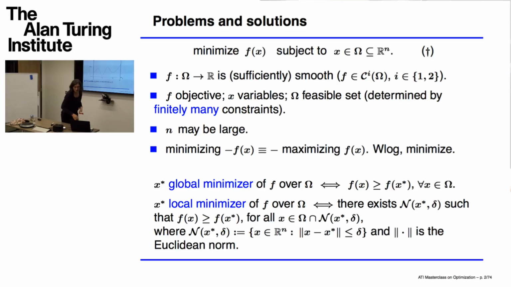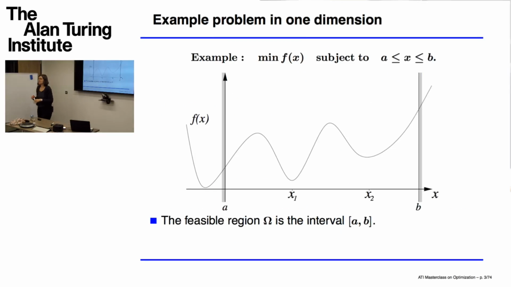Before I give you a complicated definition, let me give you a 1D example. So here I have a wiggly function, and the question is, what kind of minimizers does this function have in an interval AB? If I look at it, I see that yes, it has a global minimizer here at x1, where f takes its smallest value over all admissible values, which for me are the interval AB.